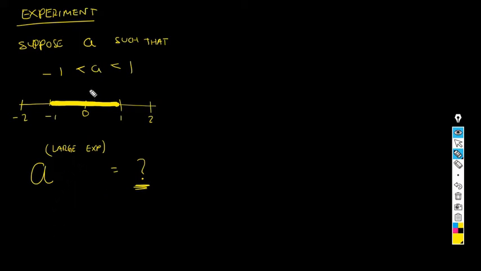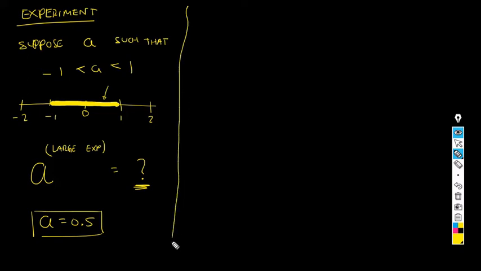So let's choose one a that lives in here. Let's go with 0.5. Let's choose a equals 0.5 and get ready with your calculator. What I want you to do is the following. Let's raise 0.5 to the 1. That's very easy. We obviously get 0.5.